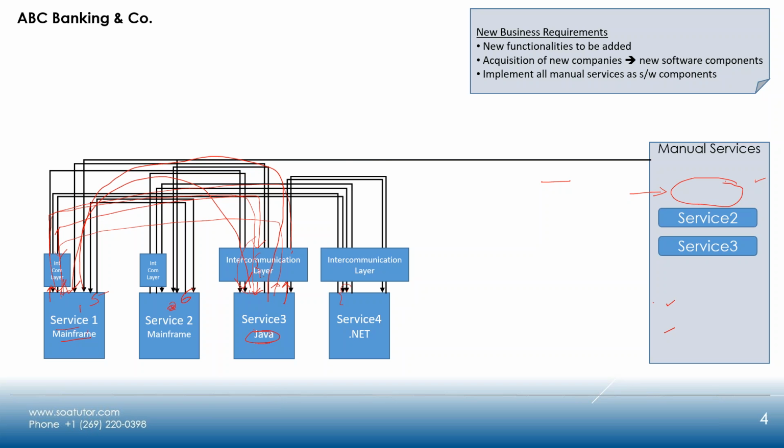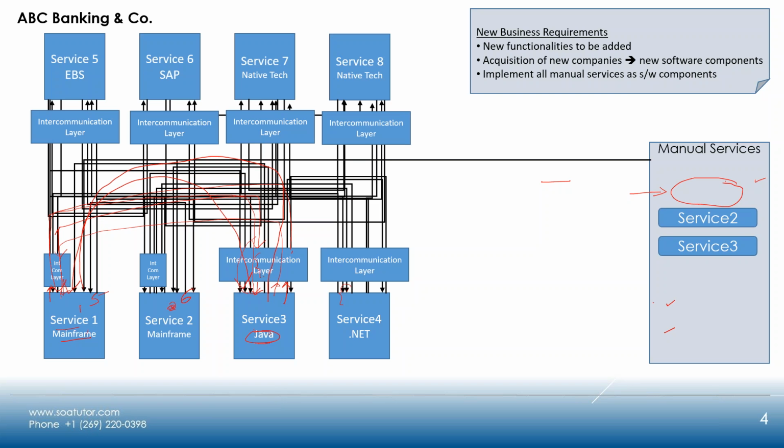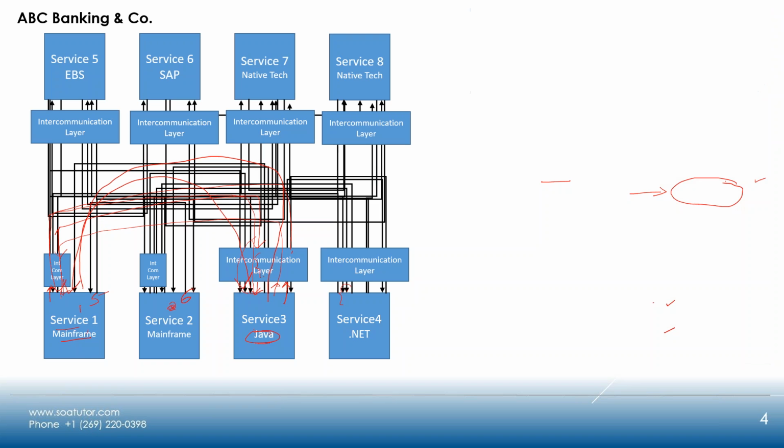So when you take care of all these things, you would come up with an architecture something like this. This is just a hypothetical situation wherein there are 6 different services that we had, and 2 services have come from acquisitions, or those are new functionalities, and obviously it would be possible that each would be in a different technology.